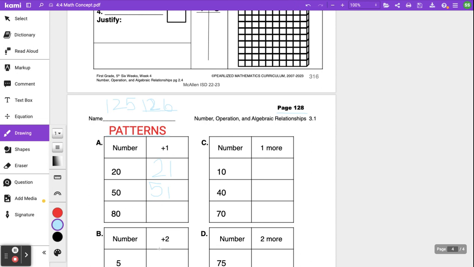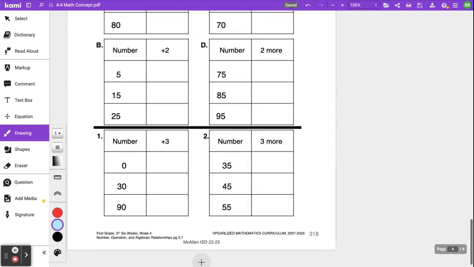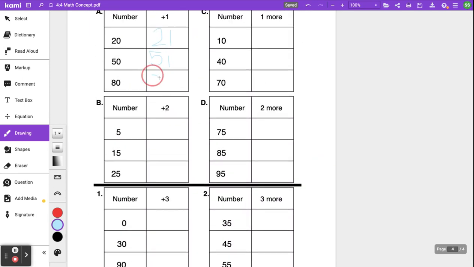So 80 plus 1 is 81. Let's check our answer. Here's 80 plus 1. Yes, that is the pattern. 80 plus 1 is 81. Write it in our box. 81. And that's how we do it. Nice and simple.